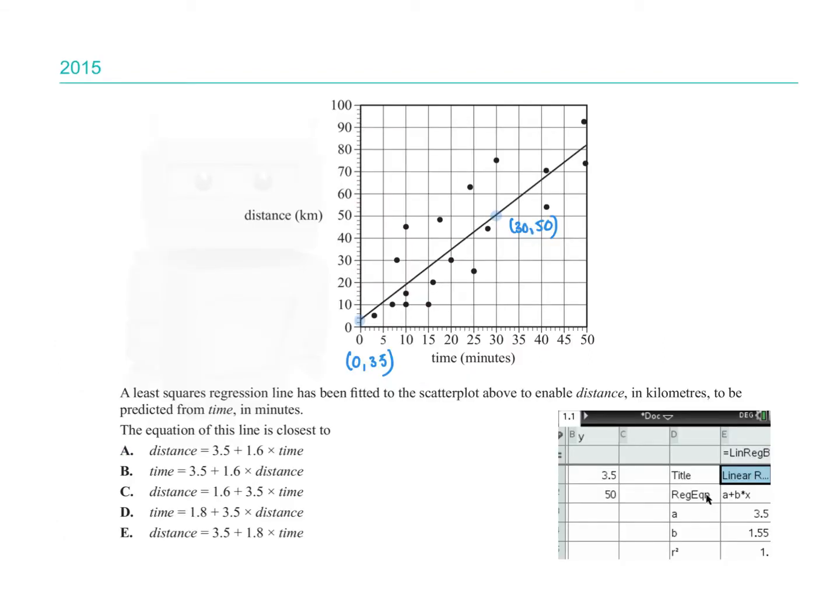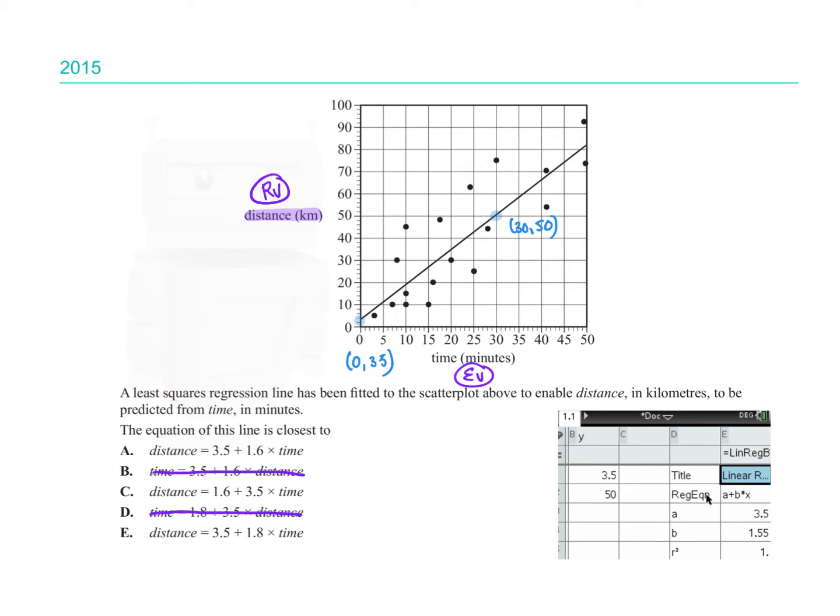Okay, with this question, they said the least squares regression line has been fitted, and they pretty much want us to get the equation where we predict distance from time. And we can see that anyway because distance is our response variable and time is our EV. So first of all, we want an equation that says distance equals, so we could get rid of the two time ones.